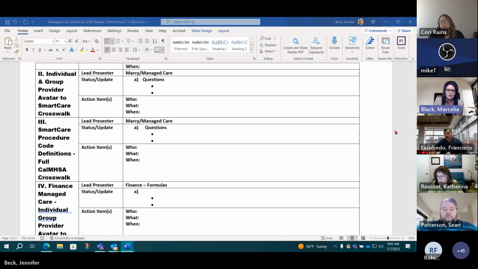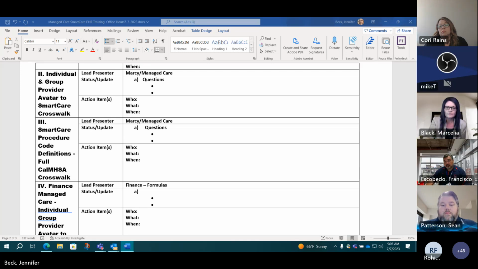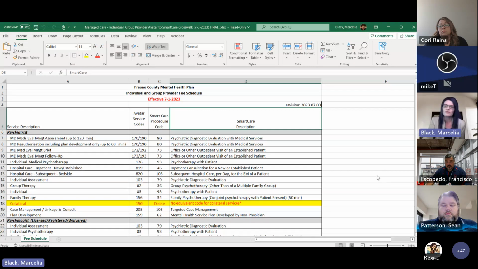So I am going to share the basic avatar to SmartCare crosswalk. I have a lot of things open, so I'm trying to figure out which one to share. So here is your basic crosswalk. This is all of the services that used to be provided under our old agreement that was spelled out. Here's the services that you can provide.